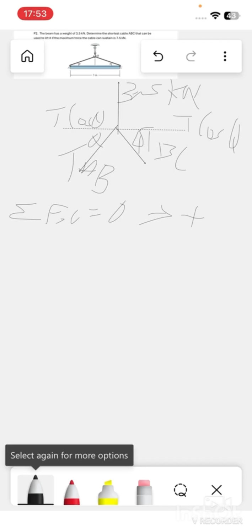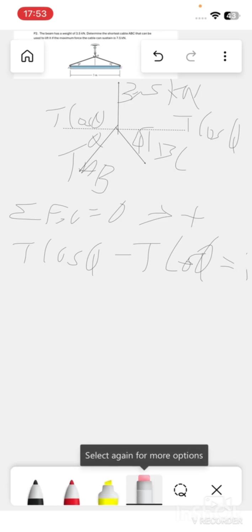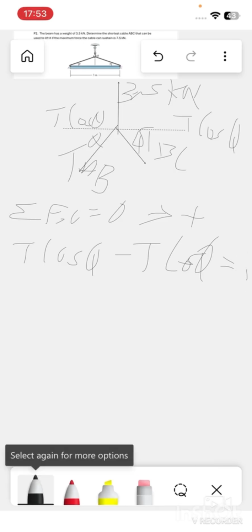We're going to have T cos theta minus T cos theta is equal to 0. Let me draw the 0 nicely. Therefore, this minus this, these are the same variables. It means we have 0 equals 0.